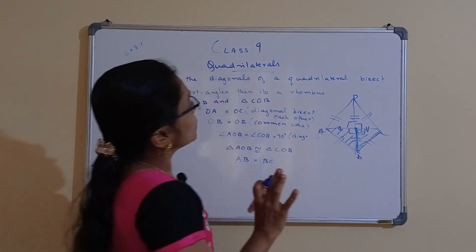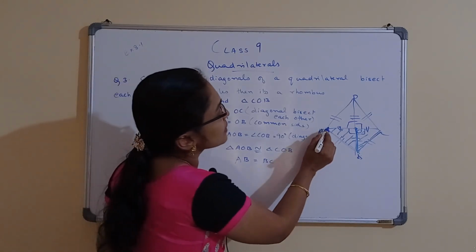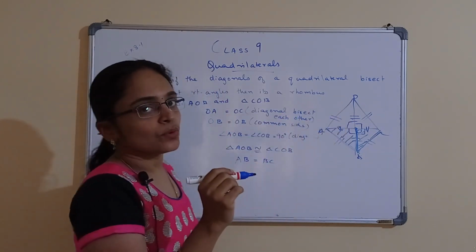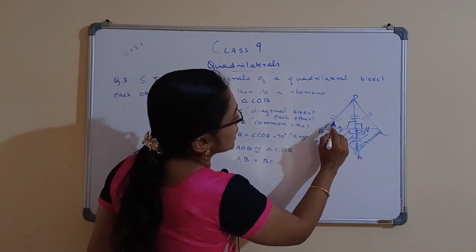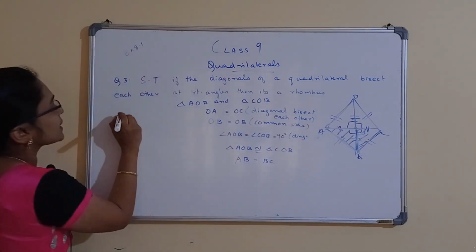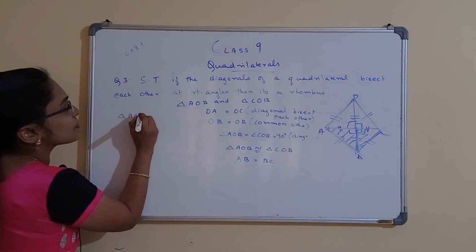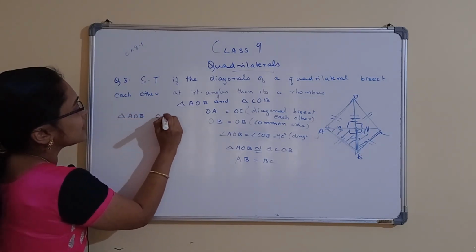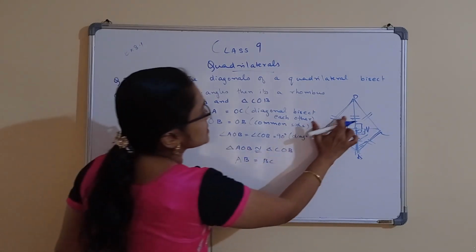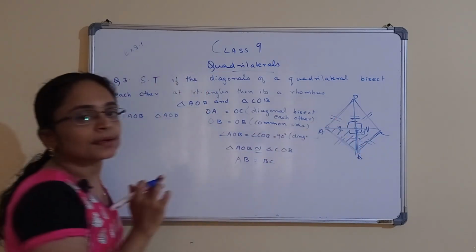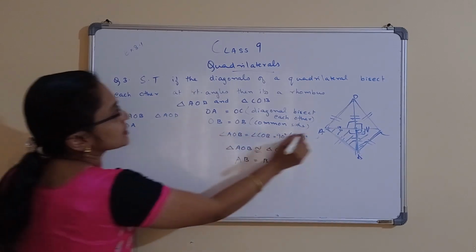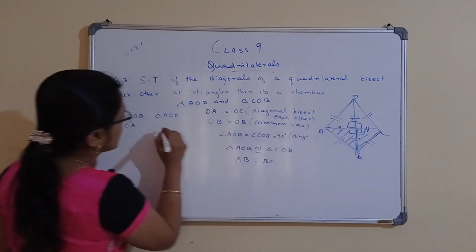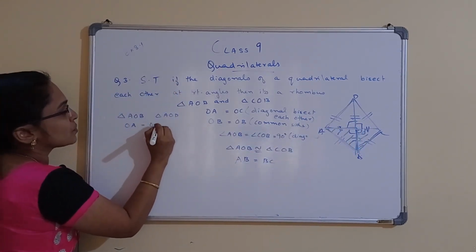Now we have to prove that all these sides are equal. Now take triangles AOB and AOD. Here also OA is the common side, OA is equal to OA.